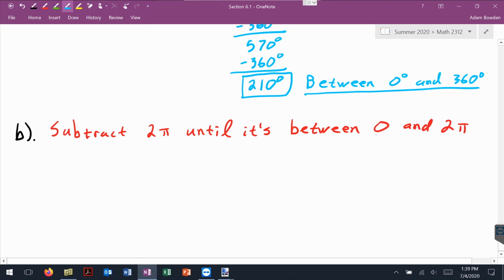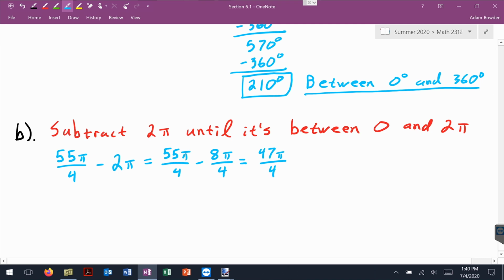So how that's going to go is we start with 55 pi over 4 minus 2 pi. I'll consider the 2 pi here as 8 pi over 4. And if I do the subtraction, I'd be left with 47 pi over 4.